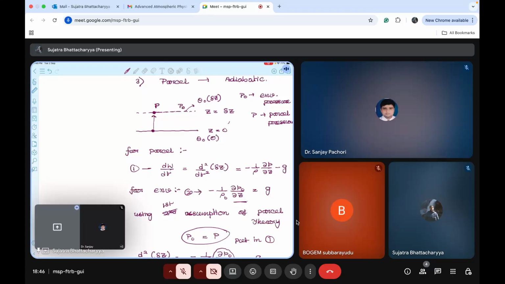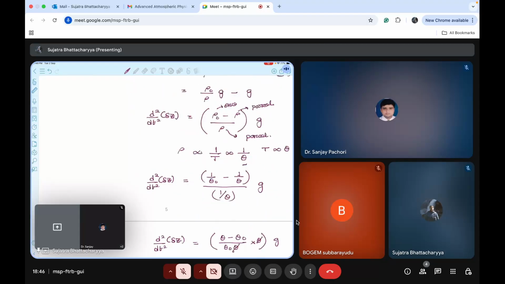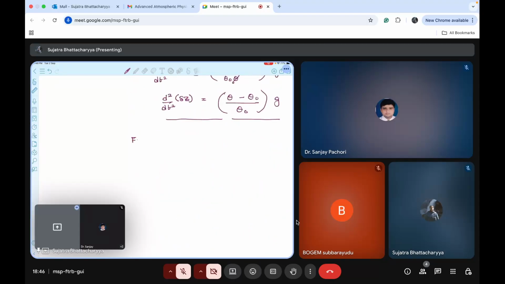But for the parcel, remember, for a dry adiabatic process, that is for a parcel which follows adiabatic processes, the potential temperature remains conserved.